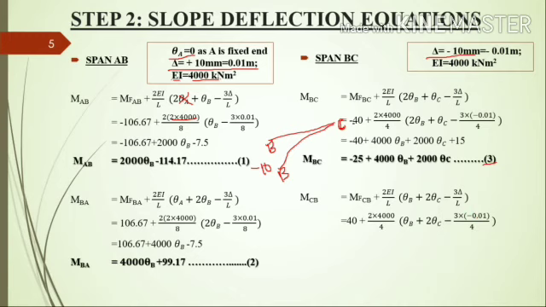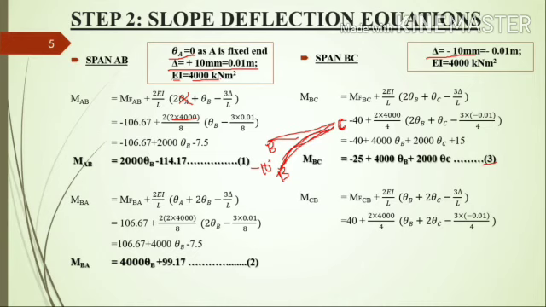When we consider span BC, the value of delta for calculating the slope deflection equation will be negative. For MBC and MCB, the value of delta is similar. MBC means the moment along the member BC, and MCB means the moment along the member CB.